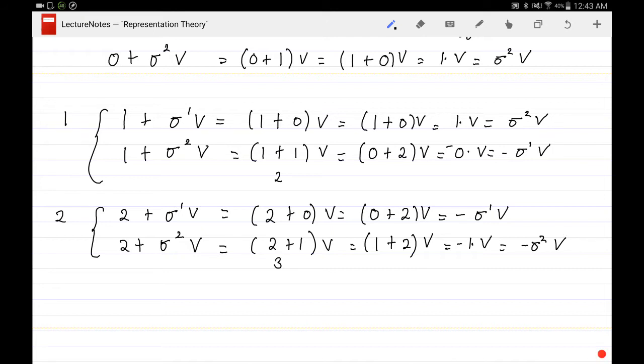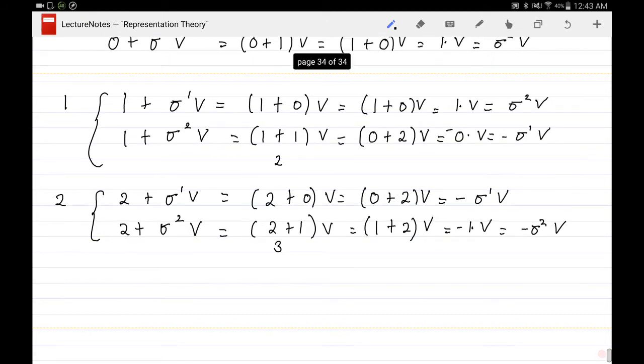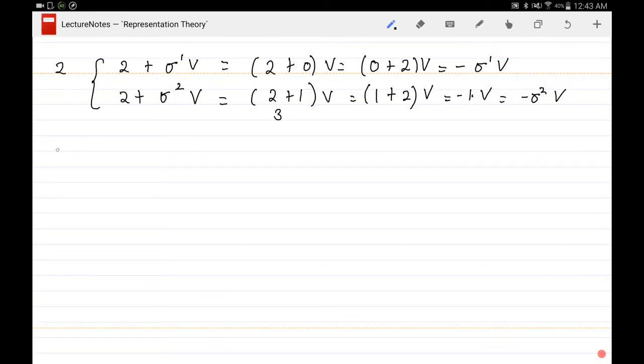And then lastly, we need to calculate the action of the fourth group element, 3. 3 acting on the first coset is going to be, we pick 3 plus an element from our transversal set acting on V. And then we need to write 3 here as an element from our left transversal set plus an element from our subgroup.